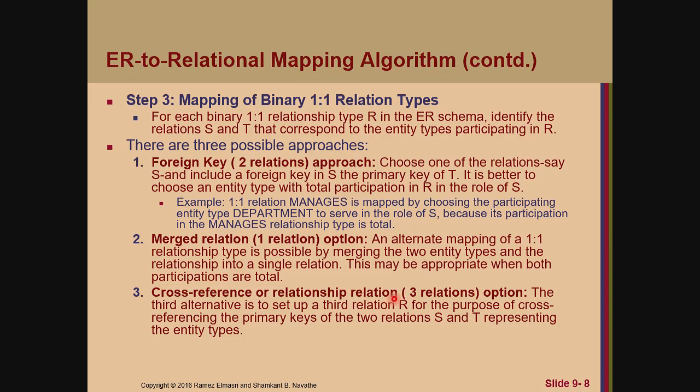The cross-reference or relationship relation option. The third alternative is to set up a third relation R. You have one relation and the second relation, and you create another one. The other one just contains the information of the relationship by reference, using the primary keys of both entities in the new relation.